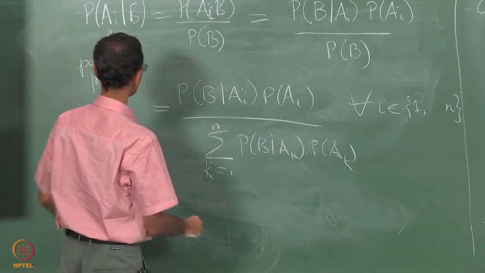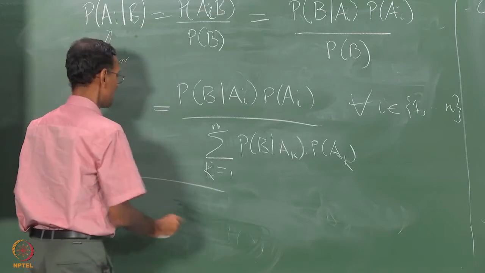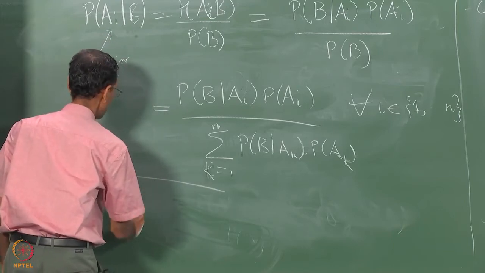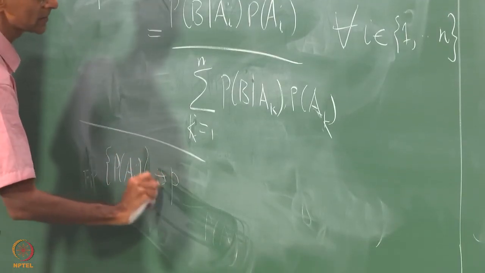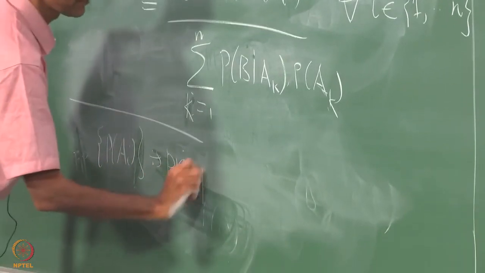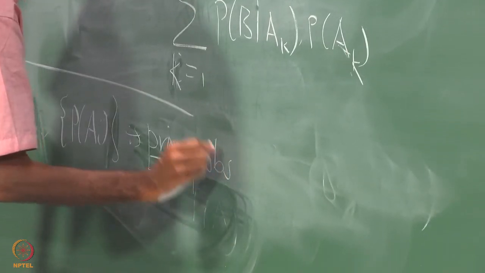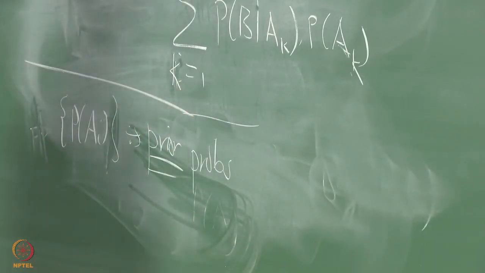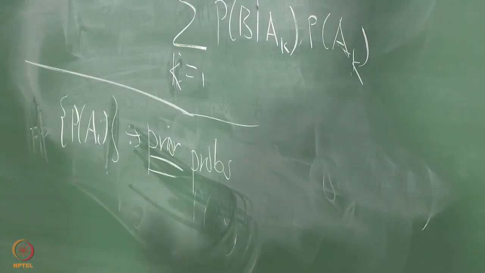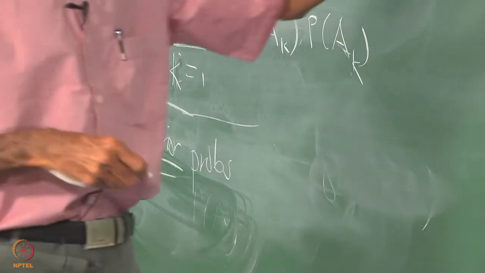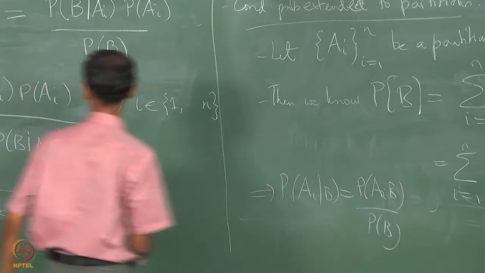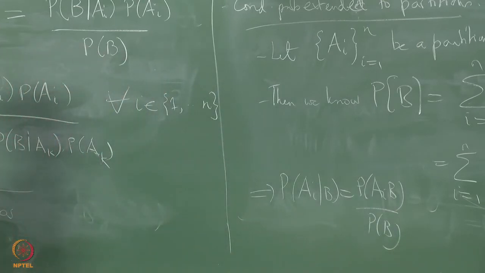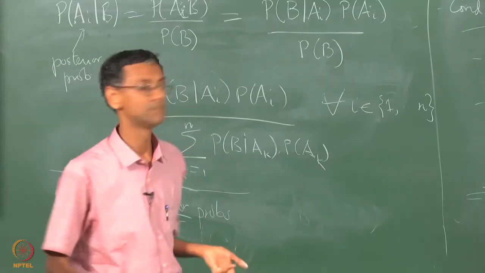So this is the posterior probability, and just for terminology, the P(A_i)s are all the prior probabilities. Clearly, because it is a partition of omega, the summation of P(A_i) has to be unity.